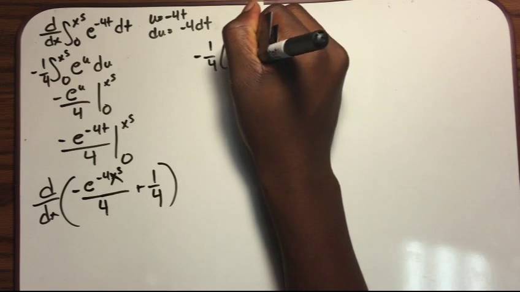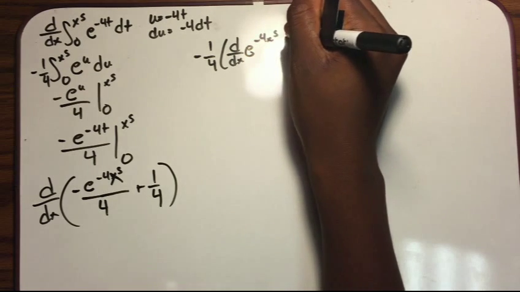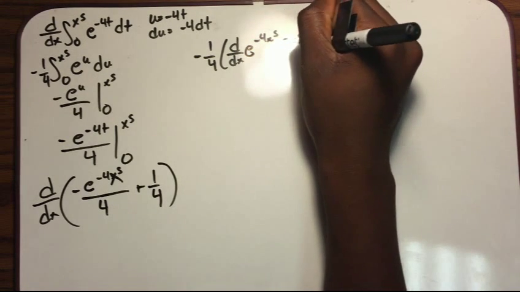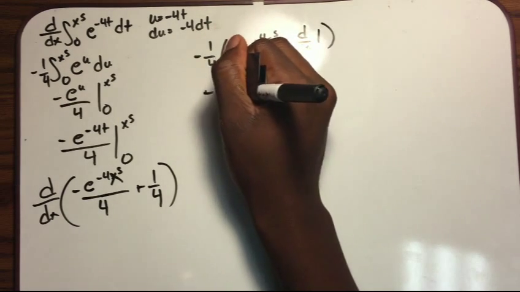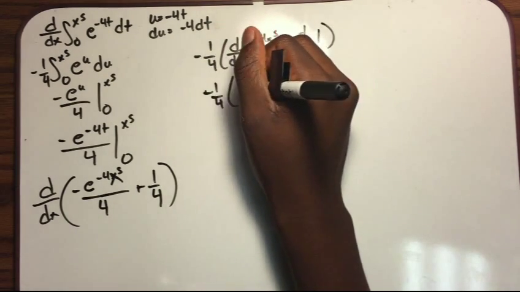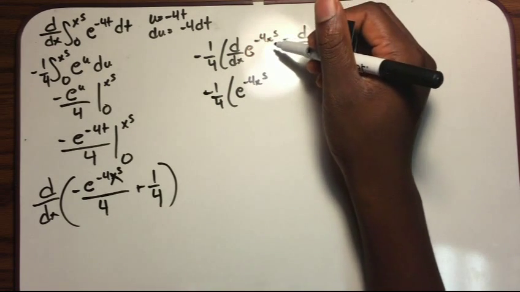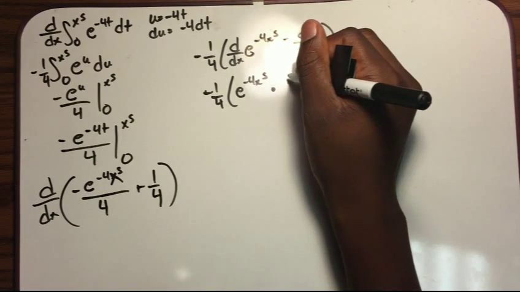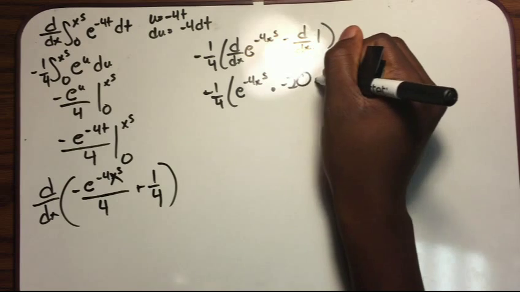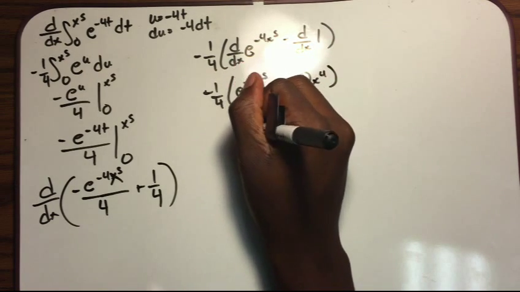And now we have to take the derivative of this. We can factor out the negative 1/4 and get d over dx of e to the negative 4 x to the 5th minus d over dx of 1. You will get negative 1/4 times the quantity e to the negative 4 x to the 5th, and since it's a function within a function, we need to use the chain rule.